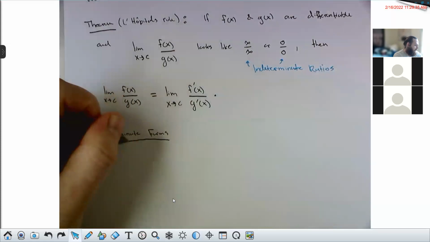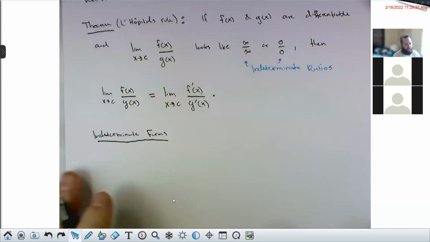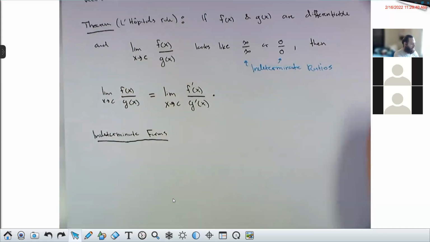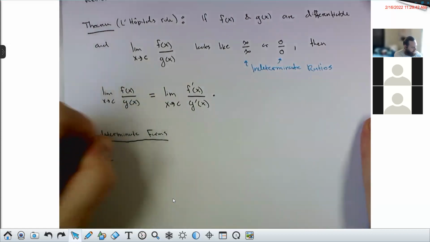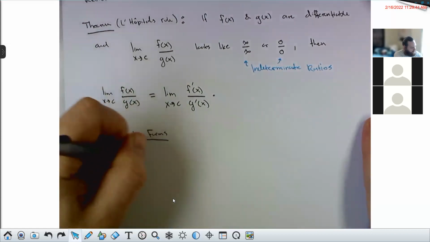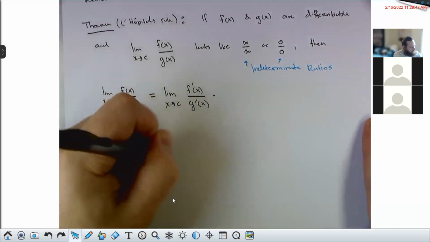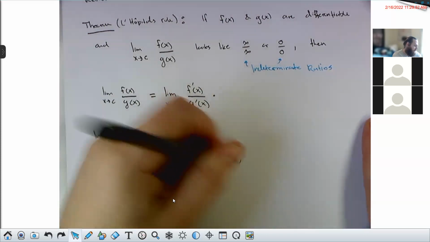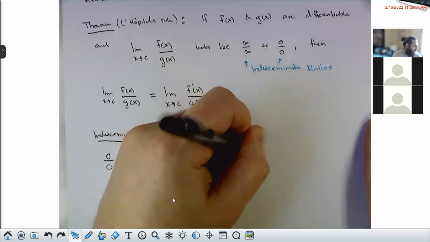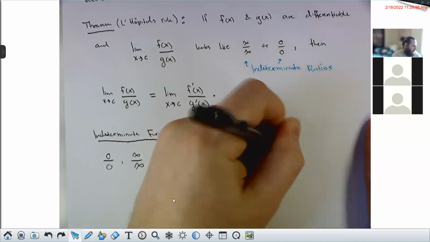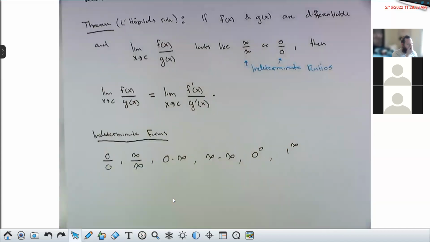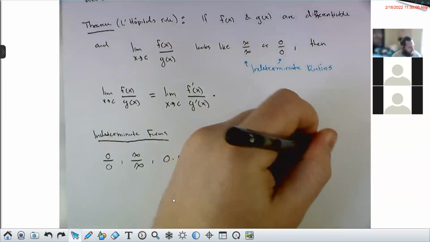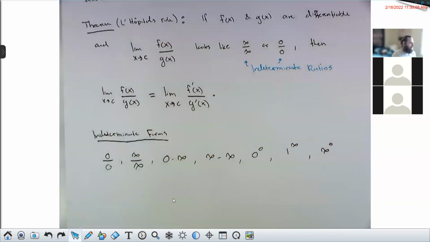So your list of indeterminate forms, and I'm going to try not to forget any of these: 0 over 0, infinity over infinity, 0 times infinity, infinity minus infinity, 0 to the 0, 1 to the infinity, and I think infinity to the 0 would also land here.